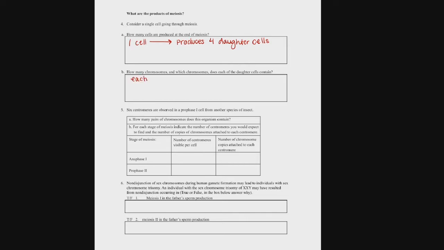Each daughter contains half the number of chromosomes of the parental cell.